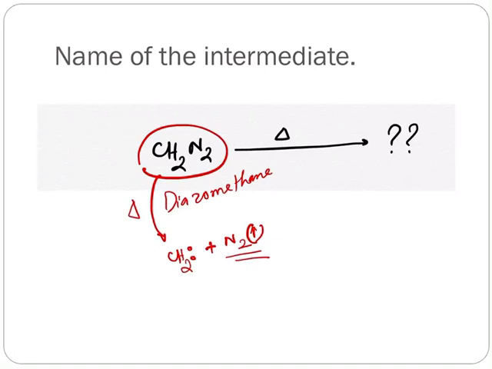So this is called carbene. So diazomethane under thermal condition decomposes into carbene intermediate, and this question may be asked in GPAT as well as NIPER JEE.